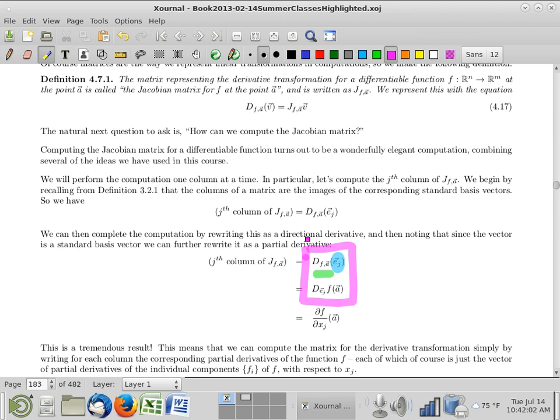Right? And directional derivatives, if your velocity is a standard basis vector, are just partial derivatives. So, punchline then, the columns of the Jacobian matrix are just made up of partial derivatives.